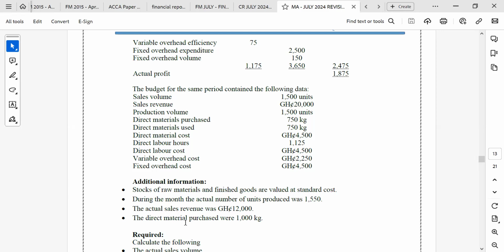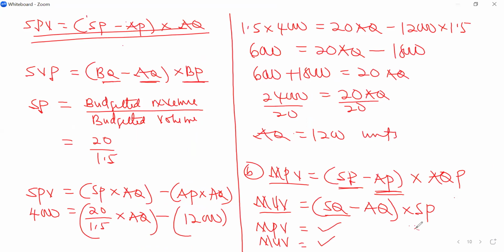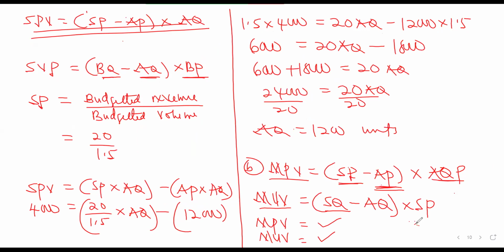No. So we cannot use the standard multiplied by the actual purchase, because that would be the flex budget. So you cannot calculate the actual rate over here. It means that the first formula cannot be used. We can have this one, we cannot have this one, and we cannot be looking for two unknowns. So we now ignore this.